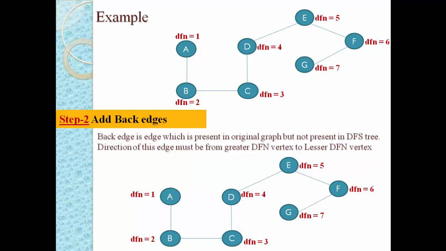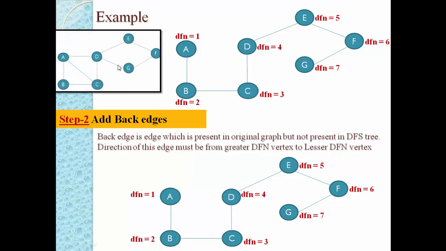So for example, this is our original graph. Compare this original graph with our DFS tree. In this DFS tree, we have to identify the edges which are present in the original graph but not present in our DFS tree. Just see here, the A to C edge is available in our original graph but not available in our DFS tree.